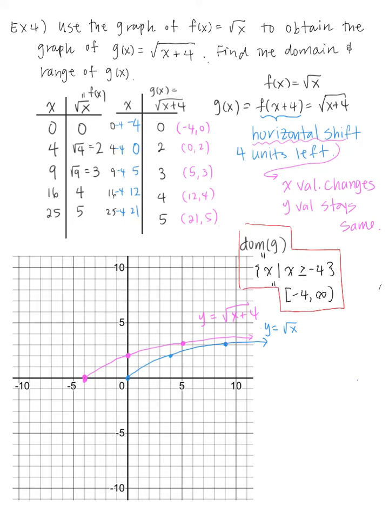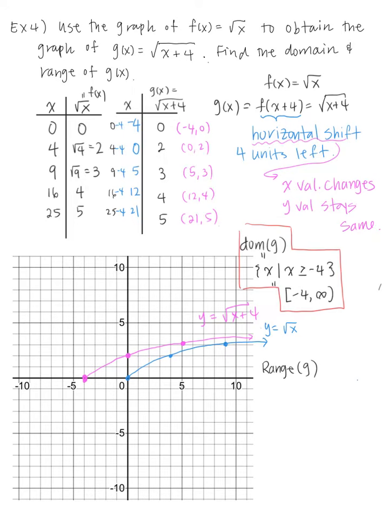Now let's go with the range. Again, when you look at the range, you want to look at the graph from the bottom upwards to determine where the graph begins, along what the y value is. So here, our y value is where? What is that at this point? Which is 0. And remember, this tail end is going to keep going and going. Eventually, it's going to go all the way up very slowly.